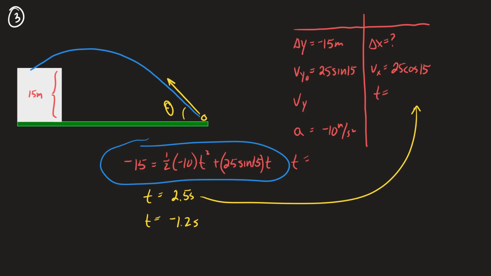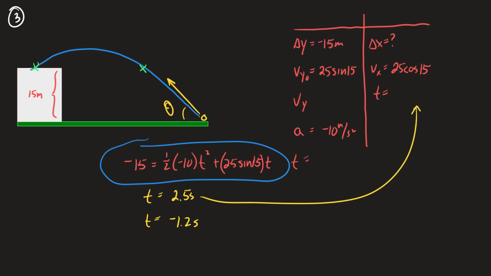Well, you saw the way I drew it. There was only one time when you could ever get 15 meters below, because you started up here, went up first, and then down. But if you're going from the ground upwards 15 meters, you realize you passed the 15-meter mark twice. Once while the ball is going up, once while the ball is coming down, which means these two would be positive.